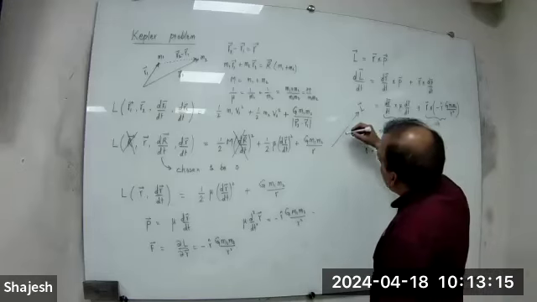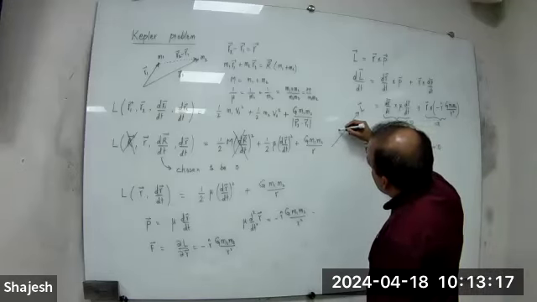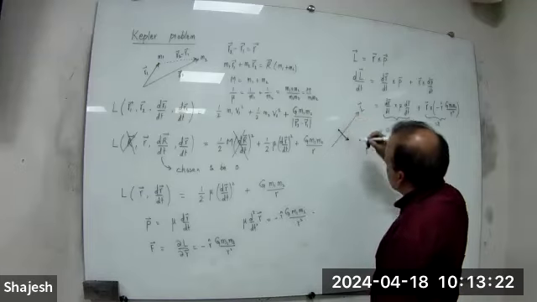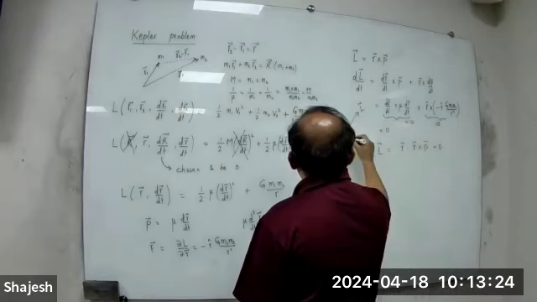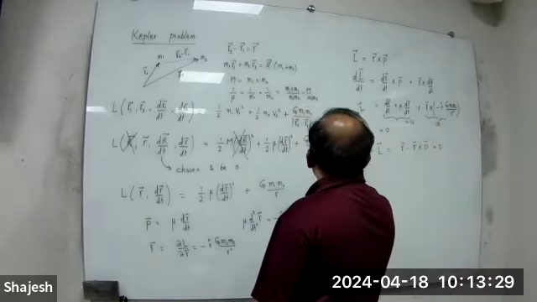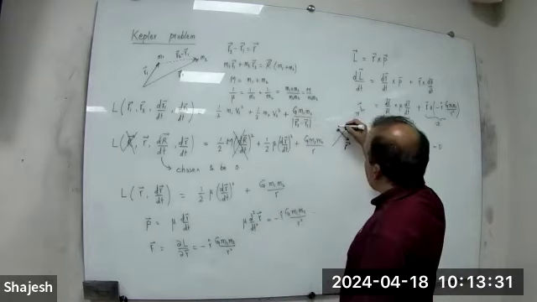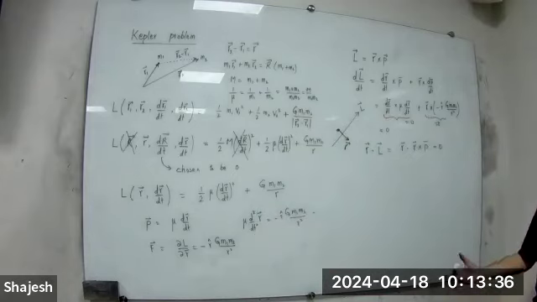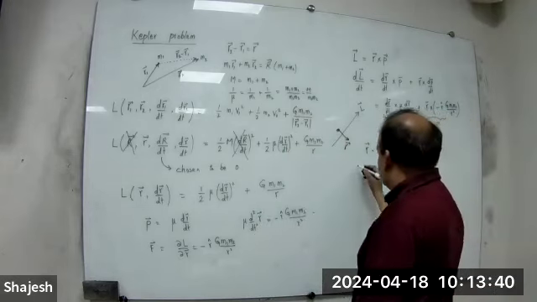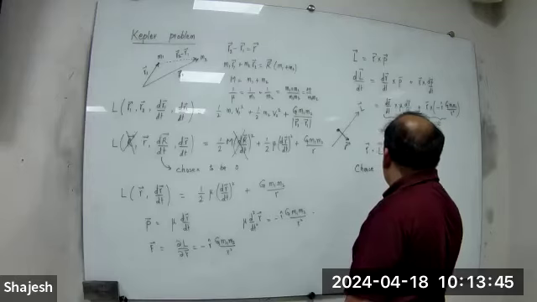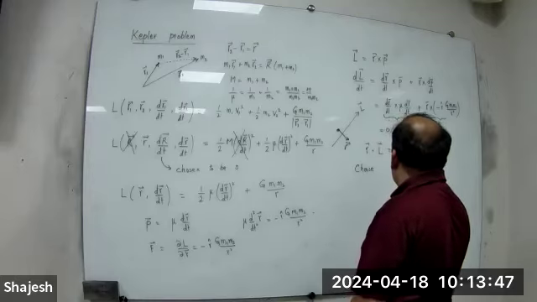So if this could be your sun, this could be M1, this could be M2, this is r1 minus r2. Not necessarily is the origin at the axis, r1 minus r2, that's vector r. So this could be r1, that could be r2, they will always be perpendicular to L. Is that clear? If that is perpendicular to L, then choose my L to be equal to z hat times Lz.